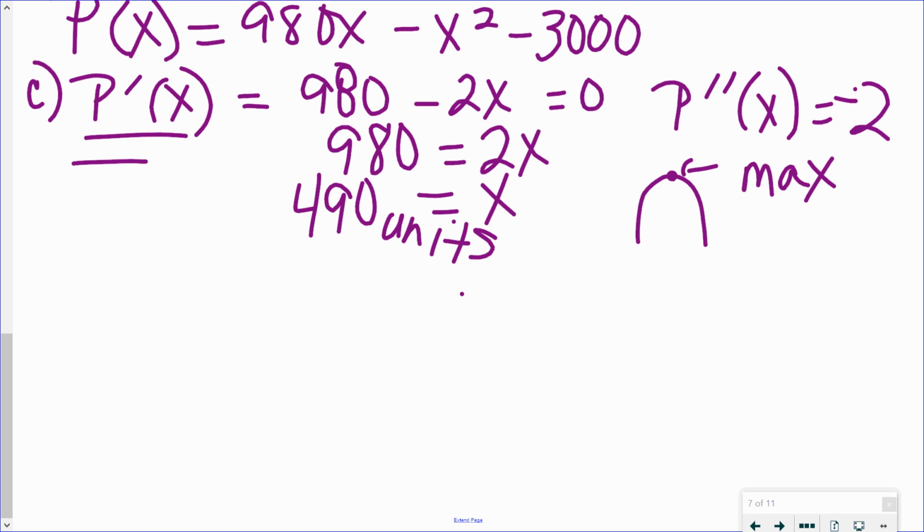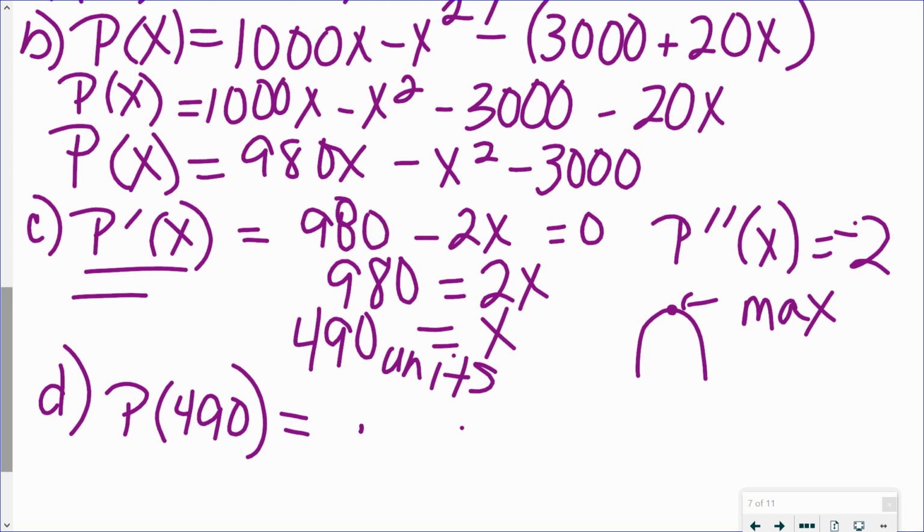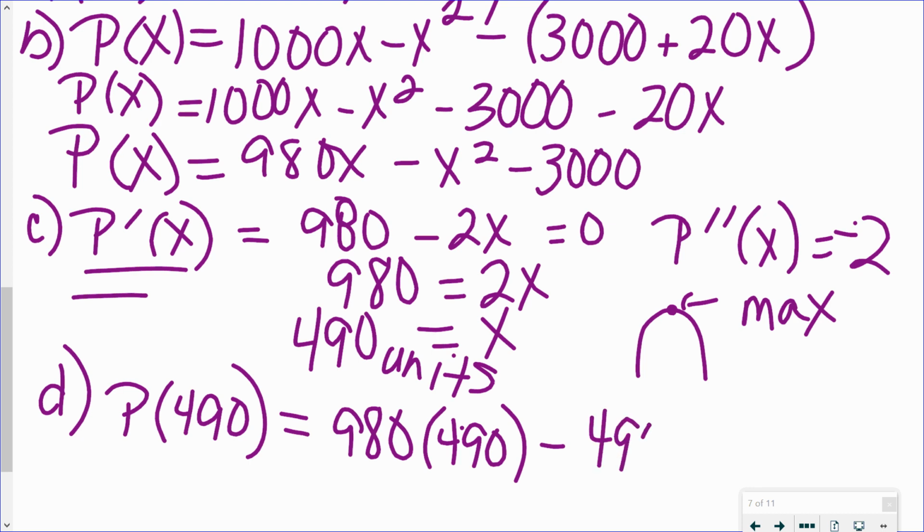All right, part D. We have to plug this 490 into our original profit function, not the derivative of the profit function. So plug this in: 980 times 490 minus 490 squared minus 3,000.